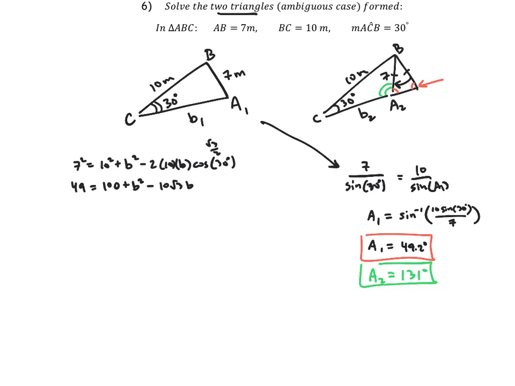Then I'm going to get everything on the same side, so I'm going to subtract 49. That would be B squared minus 10 root 3 B plus 51.